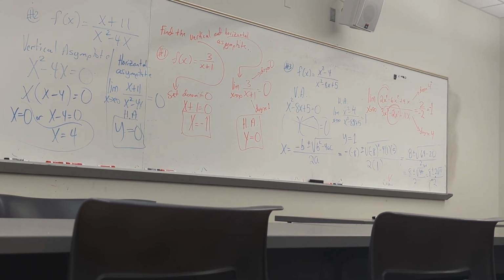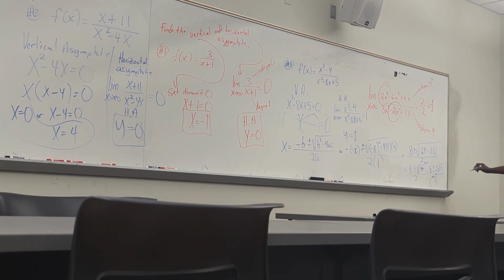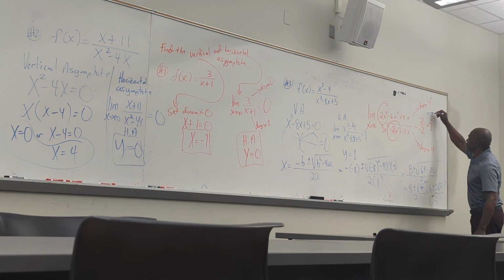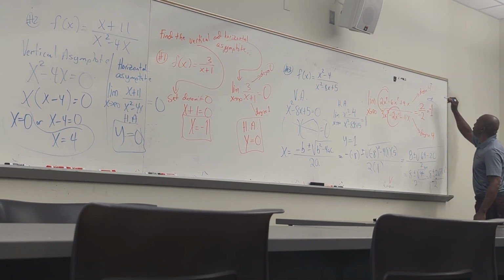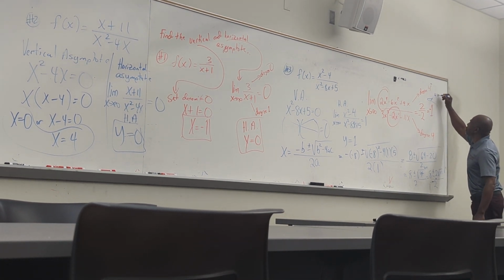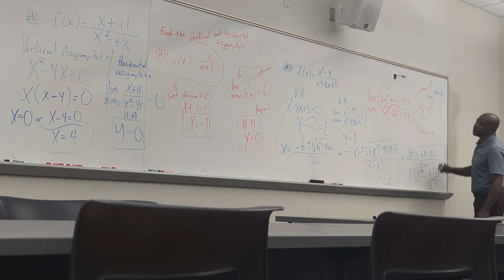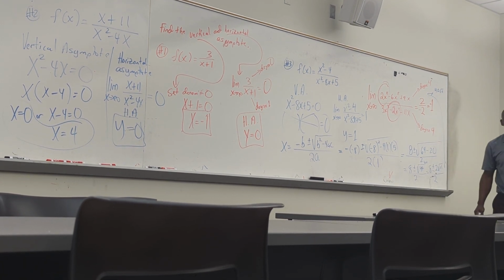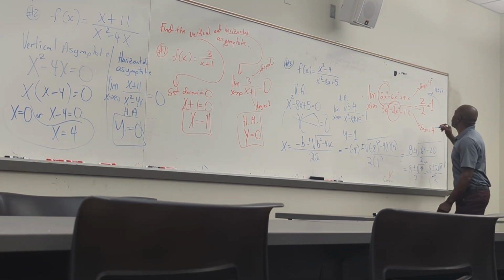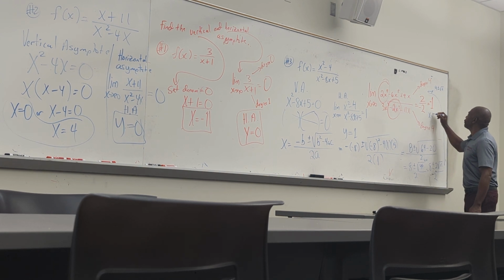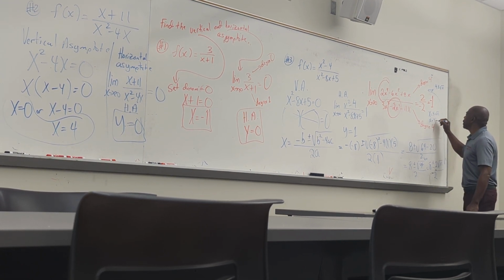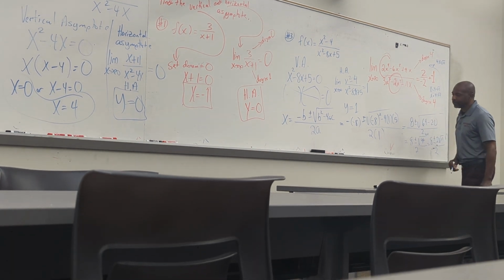Reduce this and we get 4 plus or minus the square root of 11. I got 2 answers: x equals 4 minus the square root of 11, and x equals 4 plus the square root of 11.